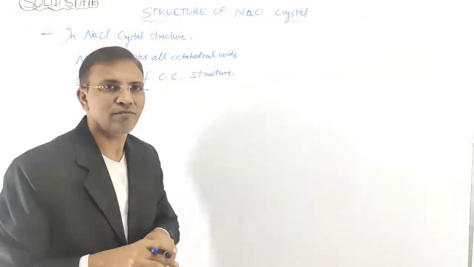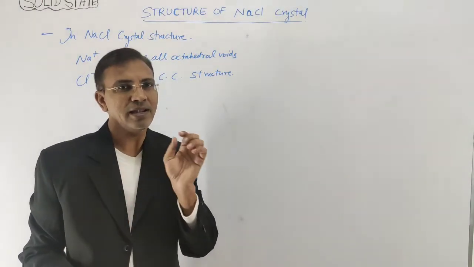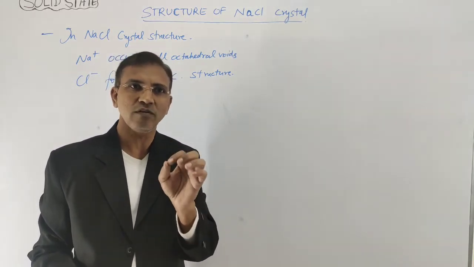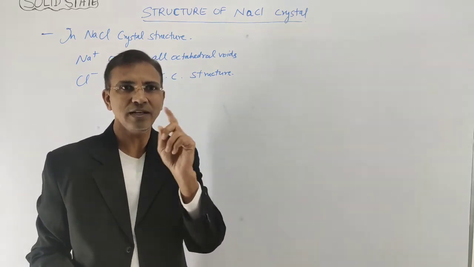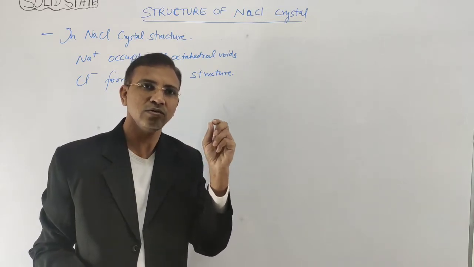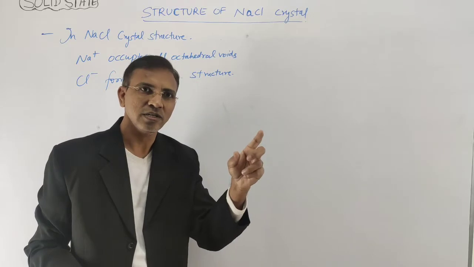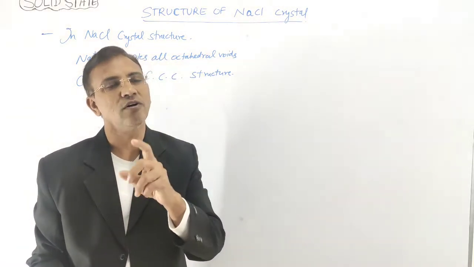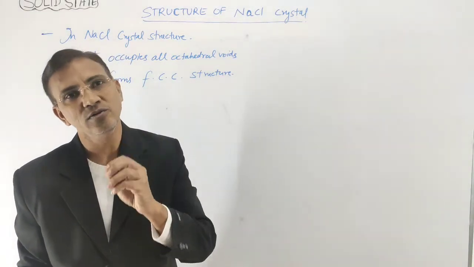Octahedral voids are present one at the center and 12 octahedral voids at the 12 edges of the cube. Now each edge is shared with 4 neighboring unit cells. That means the octahedral void at the edge is shared between 4 cubic unit cells, so 1/4 part of the octahedral void from the edges comes in the unit cell.